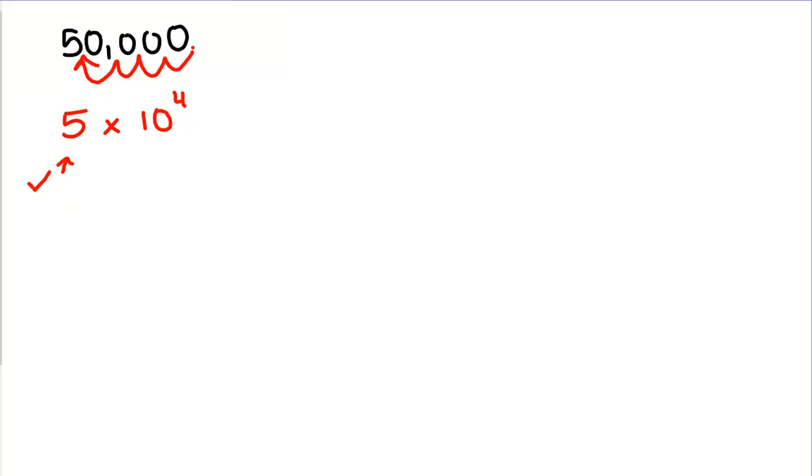Let's look at a smaller number. What if we had 0.005? Well, we're going to do the same thing here. We're going to look for the first number that's not a 0, and we're going to make sure the decimal goes to the right of it. When we move this decimal, we're going to the right. So we're going 1, 2, 3 spots.